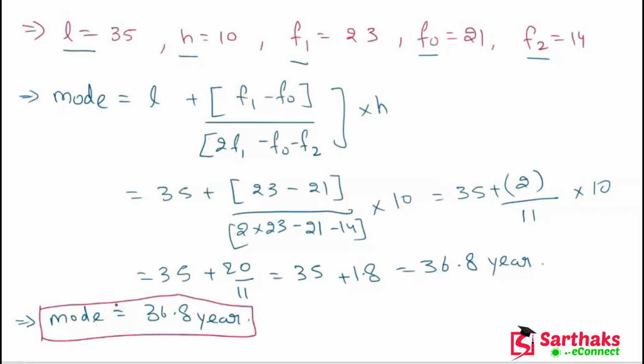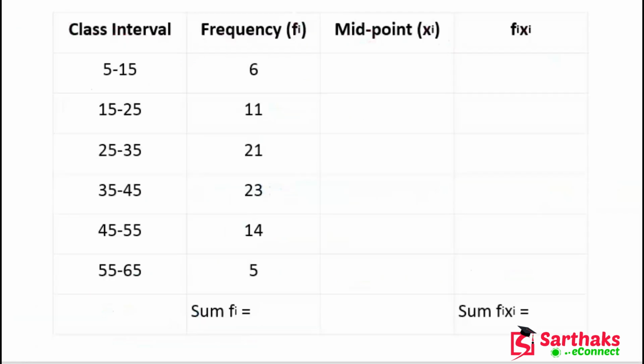Now we have to find the mean. For finding the mean we have to make the tabular form. This is the tabular form, and we are finding the mean by the direct method because the values of class intervals and frequency are small. First of all we have to find the midpoint, xi.